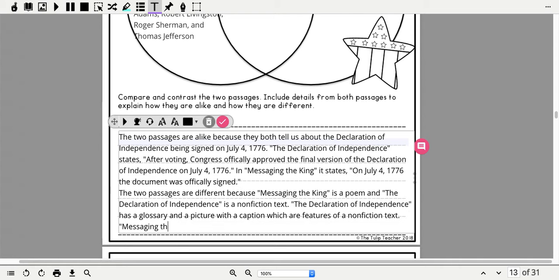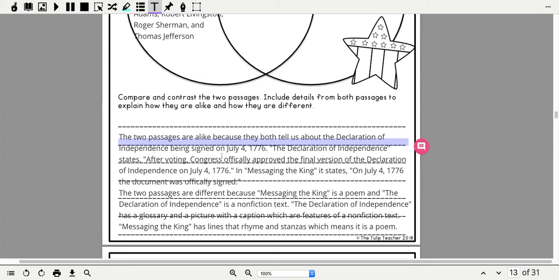"Messaging the King" has lines that rhyme and stanzas, which means it is a poem.